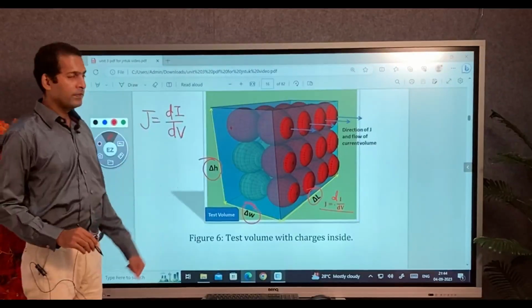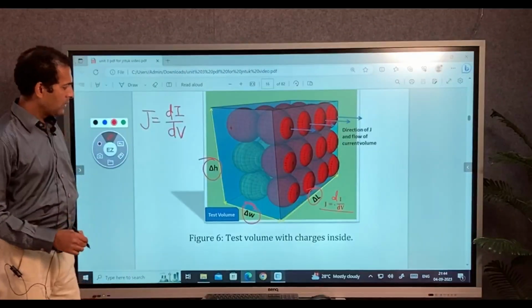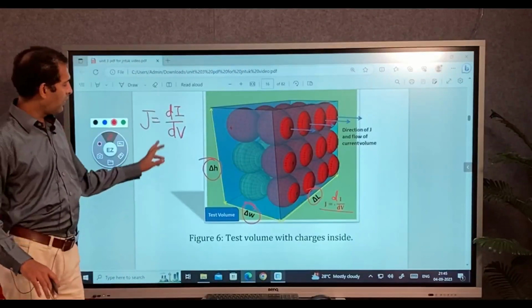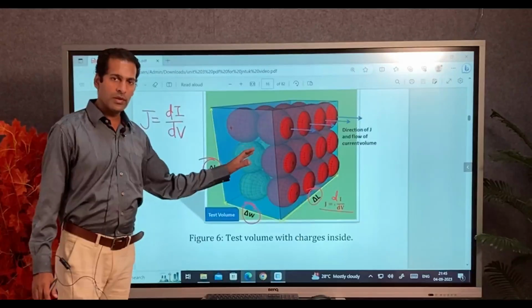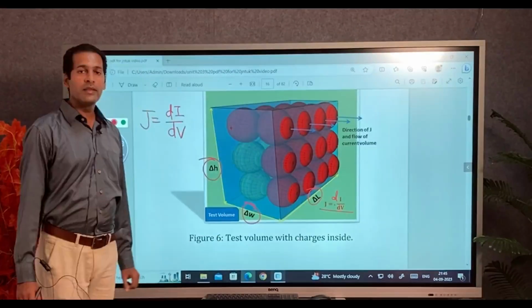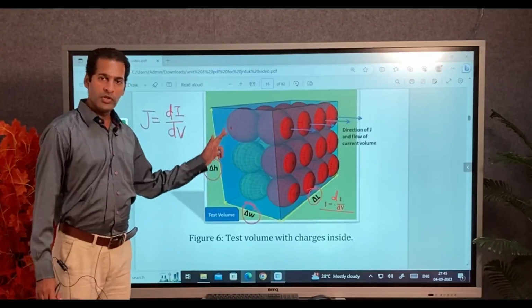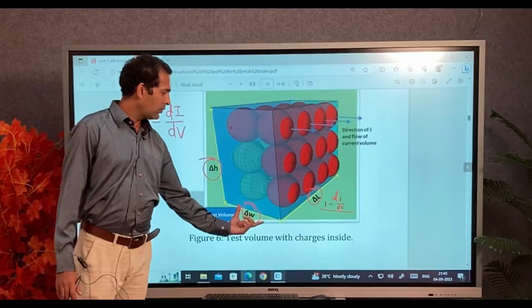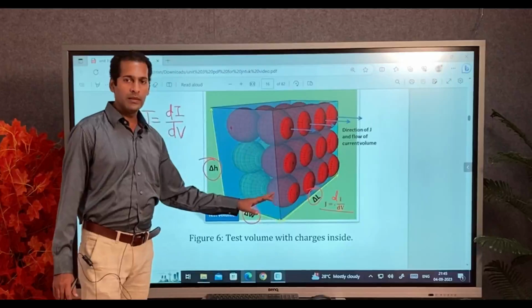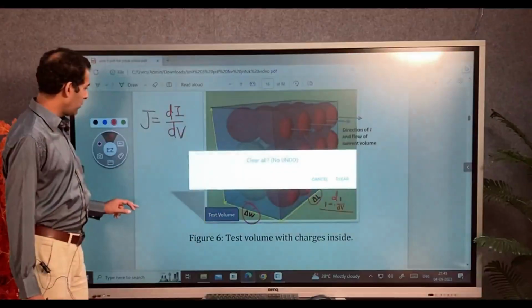This is our basic relation of current density applicable for this topic, and we will consider this setup. So whenever we get delta H, we should imagine this height, its width and its length. This is our sample volume.